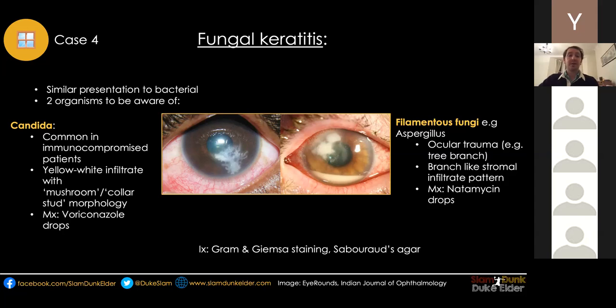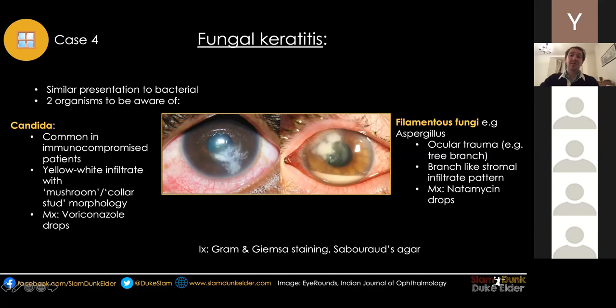So for fungal keratitis, Candida is common in immunocompromised patients. You have a yellow-white infiltrate, and the classic sign is what they would describe as a mushroom or collar stud morphology. You might be expected to identify some of these in the exam, but if not, that will be the description they give.